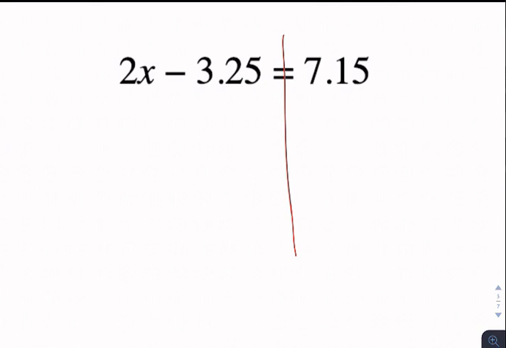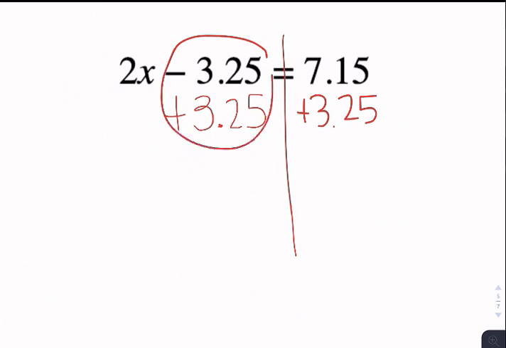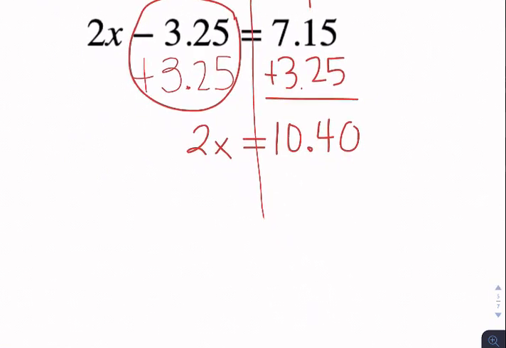So I want to get x all by itself, so I'm going to add 3 and 25 hundredths to both sides, lining up my decimals. This makes a 0 pair. I'm left with 2x equals, and then I have 5 and 5 is 10, 0, 2, 3, 4, decimals straight down, and 10. Okay, now I'm going to divide both sides by 2.